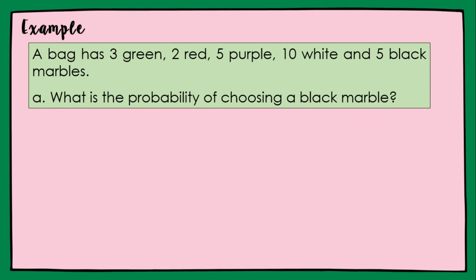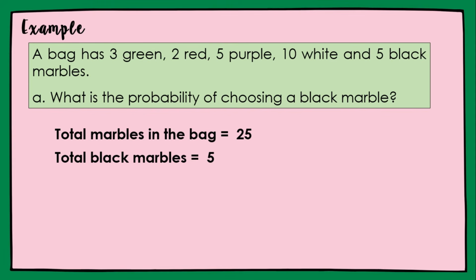Next problem, a bag has 3 green, 2 red, 5 purple, 10 white, and 5 black marbles. What is the probability of choosing a black marble? We have to get the total number of marbles in the bag and the total number of black marbles. The total number of marbles in the bag is 25, and the total number of black marbles is 5.